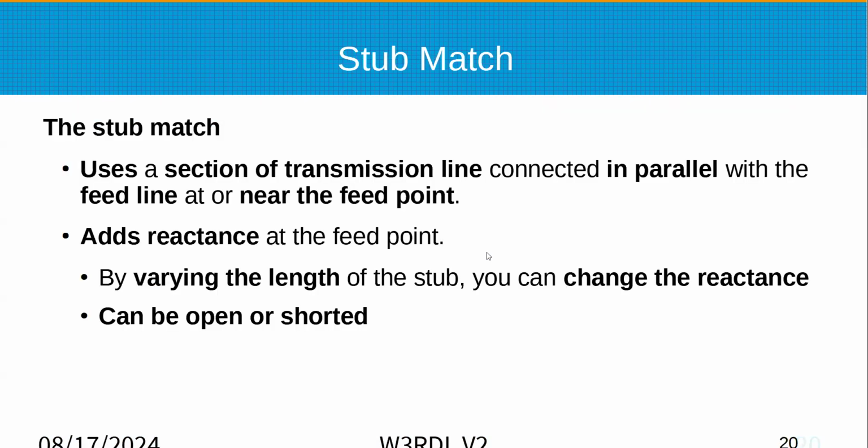A stub match, somewhat similar to the hairpin, except we use a piece of transmission line, and we have it either open or shorted. So it allows you to add whatever reactance you need, depending on its length, to compensate for the antenna to make the match.